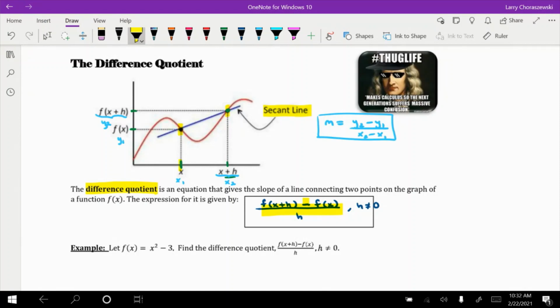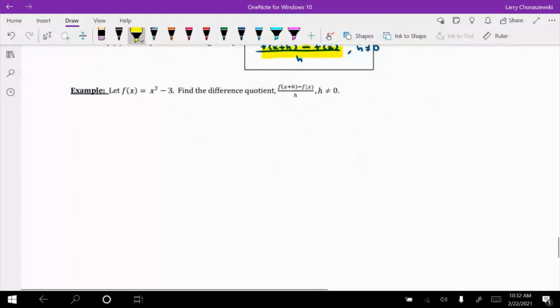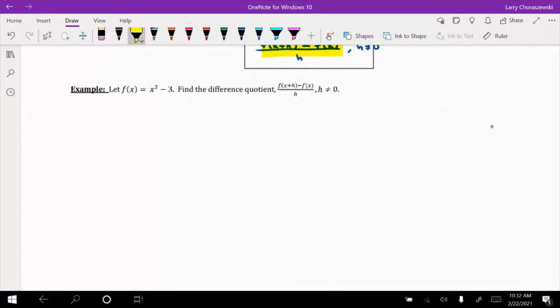As we're going to see with our very last example, here we have the function f of x equals x squared minus 3, and they want us to use the definition of the difference quotient to figure out what x squared minus 3 would turn into.